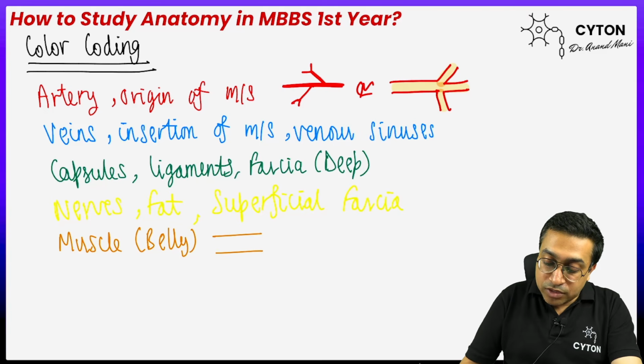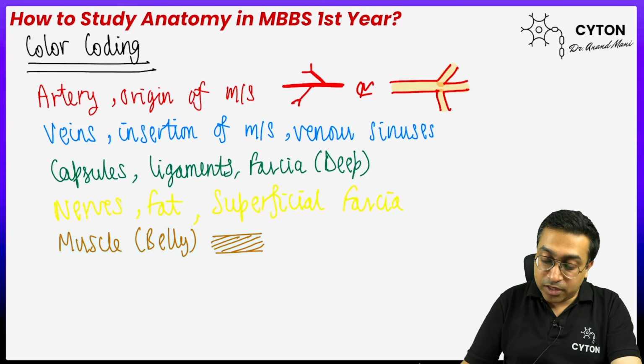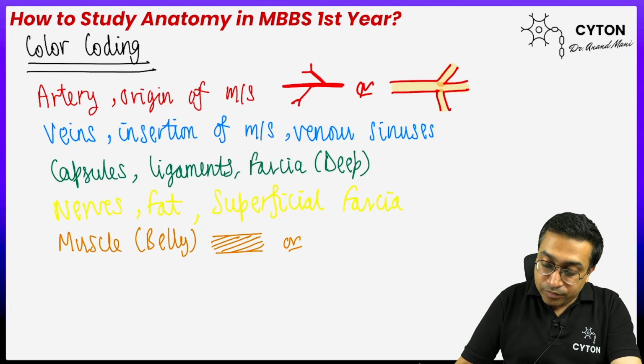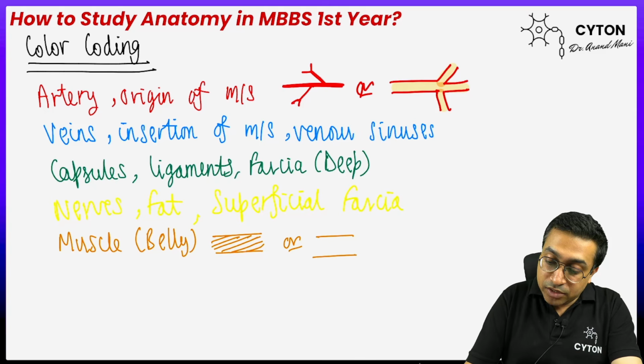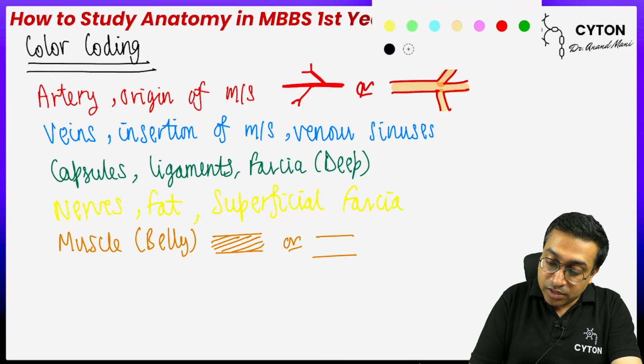So you can follow this way, you can shade the area in this manner, or you can draw in this manner and then again use the color for the shading purposes. Okay, then you can add this color and then you can shade in a brown color.